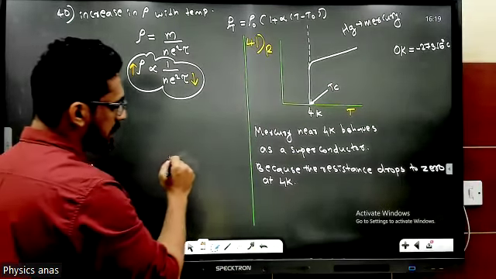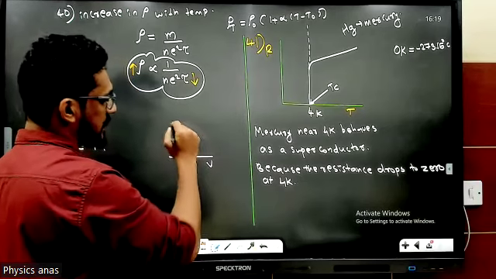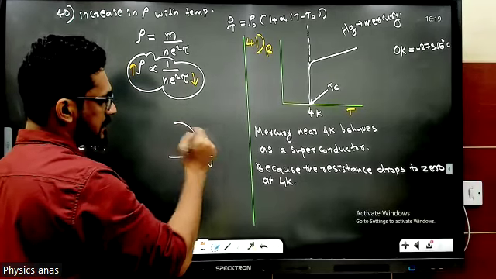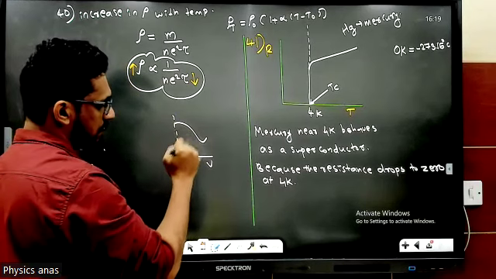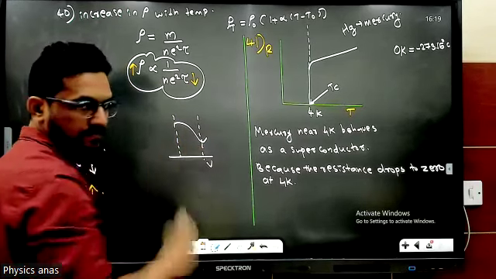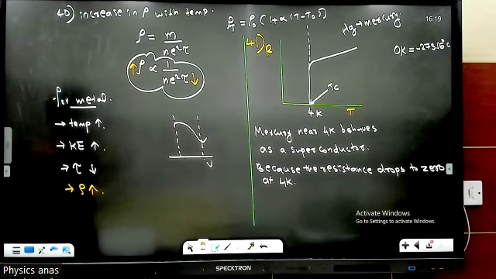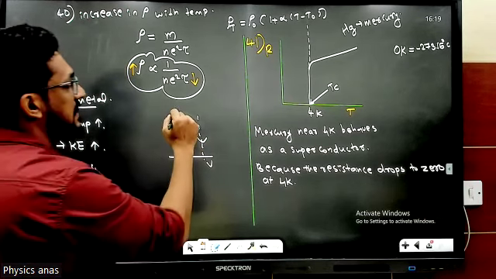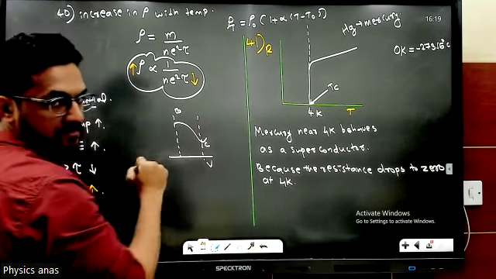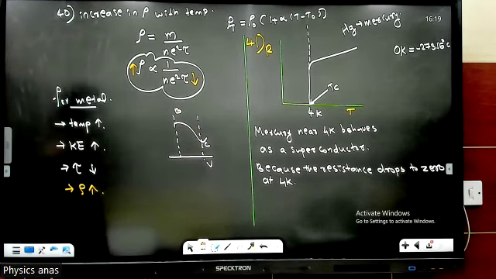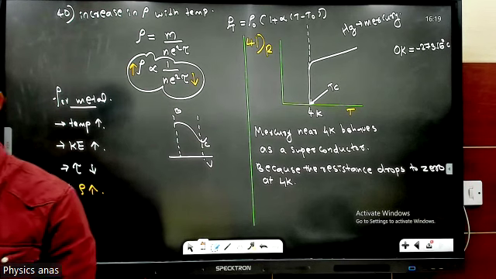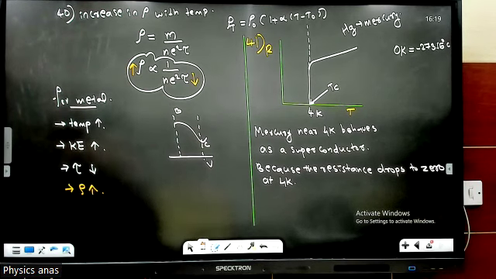As voltage increases, current decreases. So that region is showing negative resistance. C, right? Not C. They are asking for a region, so that must be BC. C is a point. Yes, BC is the region of negative resistance.